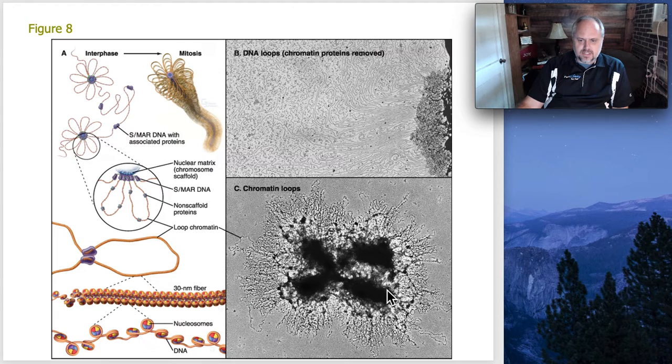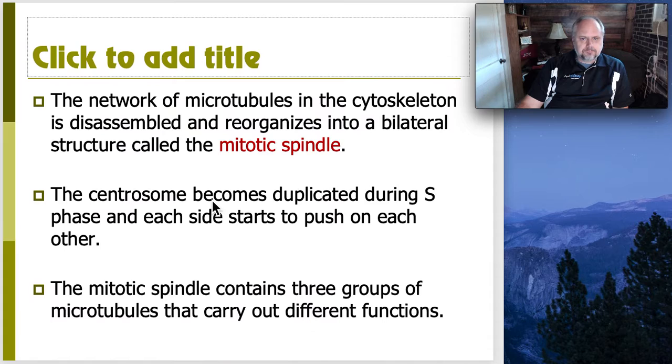So this is the matrix, so we've stained for matrix here, and you can see the DNA spilling out where all the other proteins in this structure have been removed. So that's the primary thing that's happening inside the nucleus during the prophase stage.